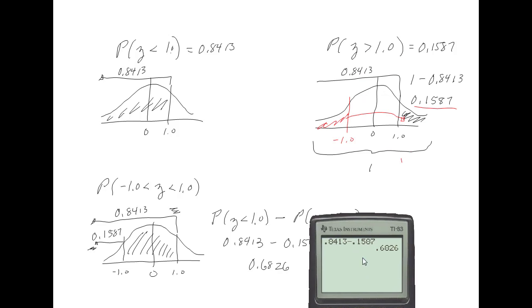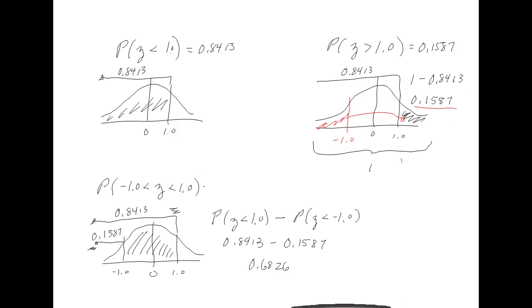So the area between here is 0.6826, but we should have probably recognized that as the empirical rule. You'll remember, if you have a normal distribution, a normal curve, and you have 0, if you're one standard deviation above and one standard deviation below, then this area is 68% of the distribution.